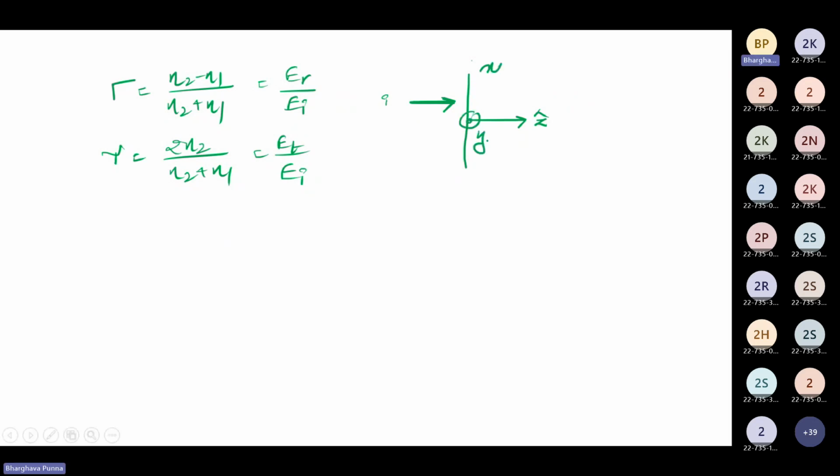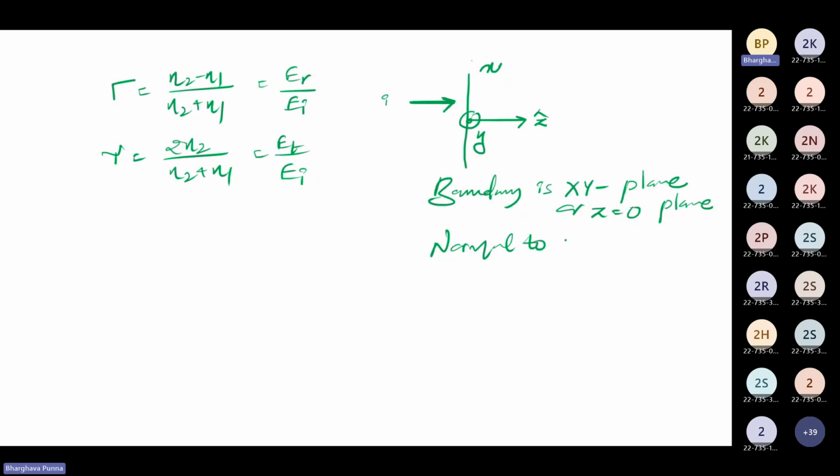The boundary is the XY plane, or the Z equal to 0 plane. Normal to the boundary is the Z direction.